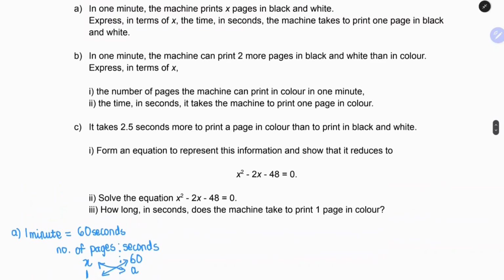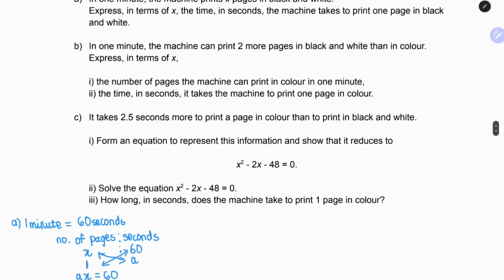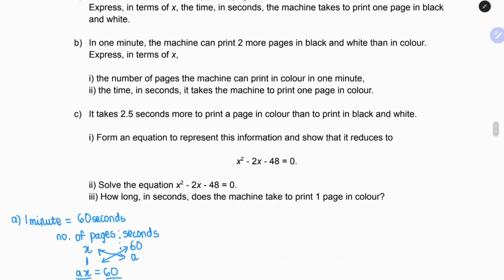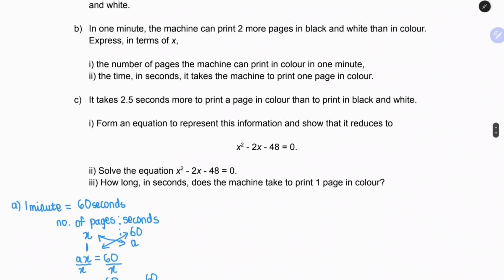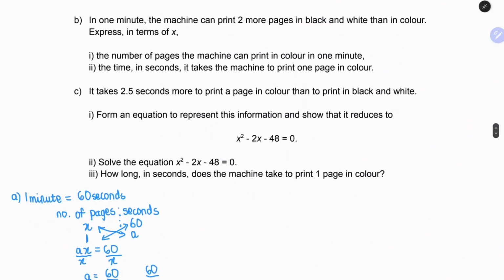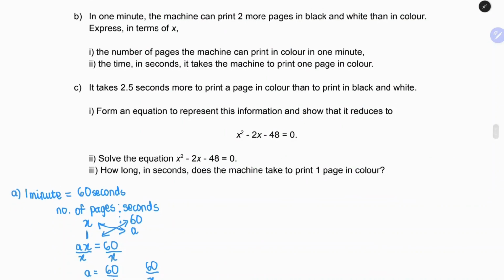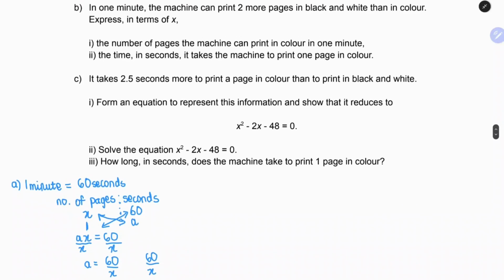So if it takes 60 seconds to print X pages, we are trying to find how much time it would take to print one page, which would obviously just be 60 divided by X. So you can either go directly to the answer if you know it, or, so that you can understand more, you can do this.